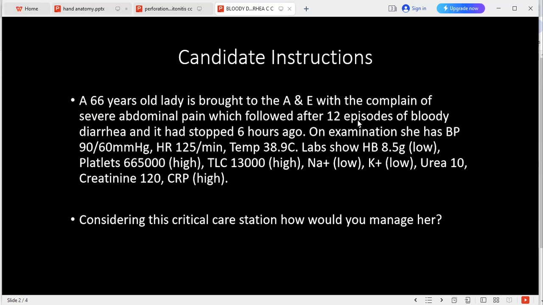In management, what other investigations would you carry out which haven't been done yet?